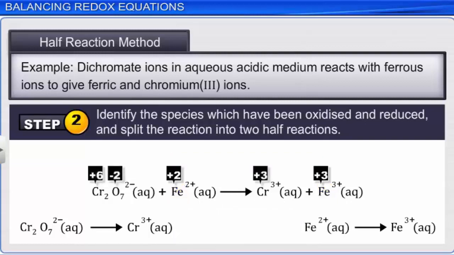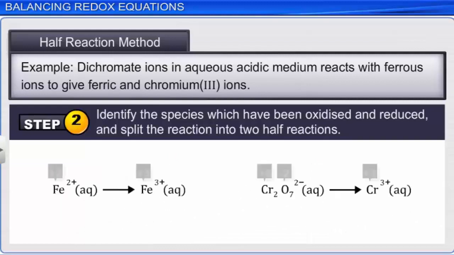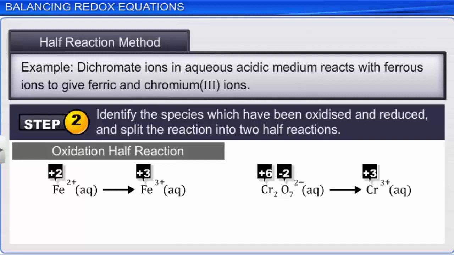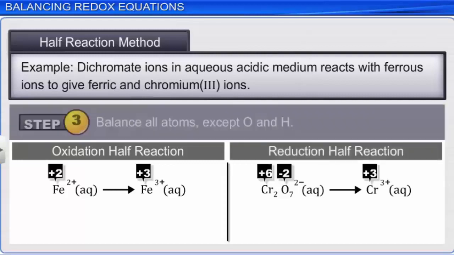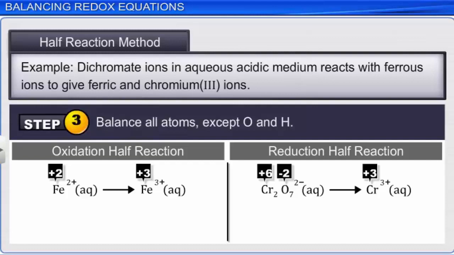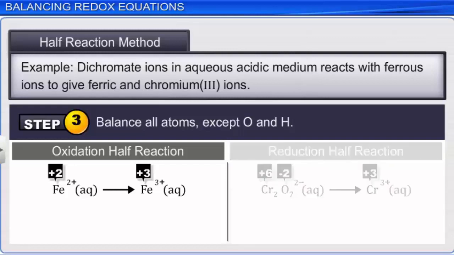Thus, the 2 half reactions can be written to show the oxidation half reaction and the reduction half reaction. In the third step, balance all atoms except oxygen and hydrogen. In this example, the oxidation half reaction is already balanced since the numbers of iron atoms are equal on either side of the equation.